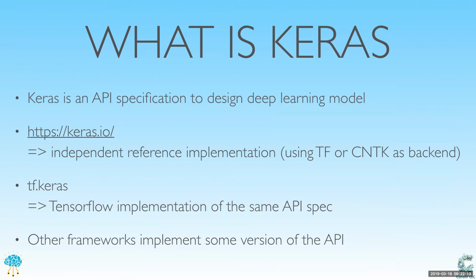The default backend is TensorFlow, and the most recent release is compatible only with TensorFlow 1. And the other backend that's compatible with Keras is CNTK. The TF Keras implementation is basically a TensorFlow implementation of the same API specification.